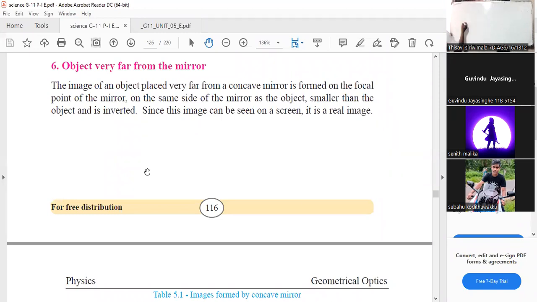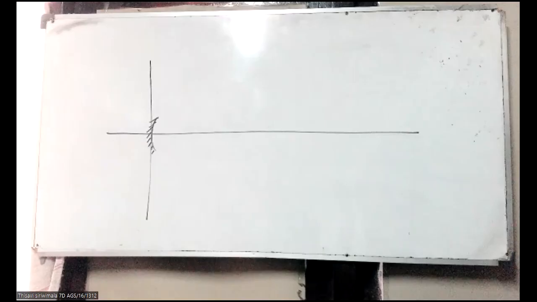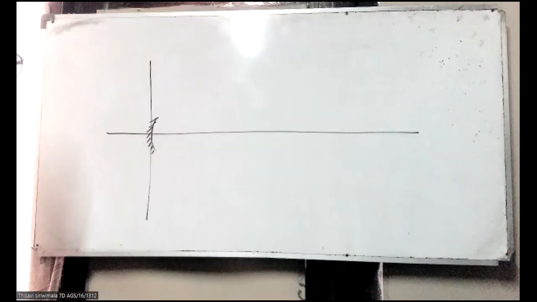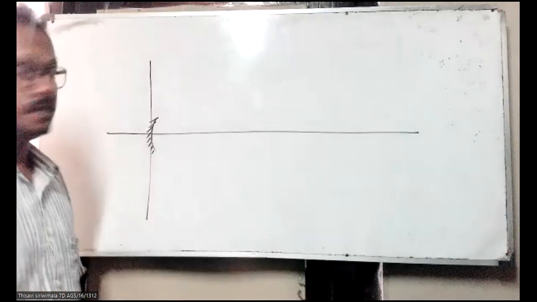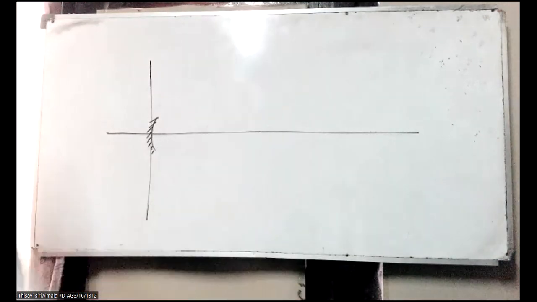Now we assume the rays coming from far away object as parallel. Right? Say the ray coming from a far away tree or window, right? So when they are far away, you can't draw the object here because it is too far away. So we only take light rays coming from it.